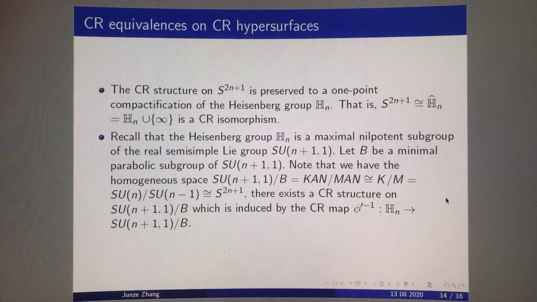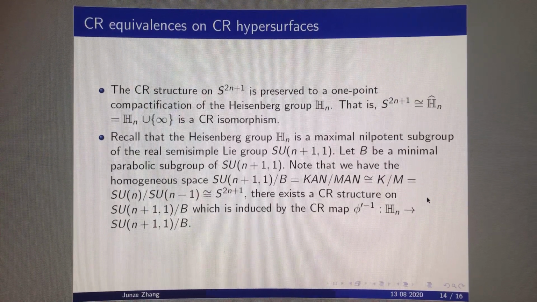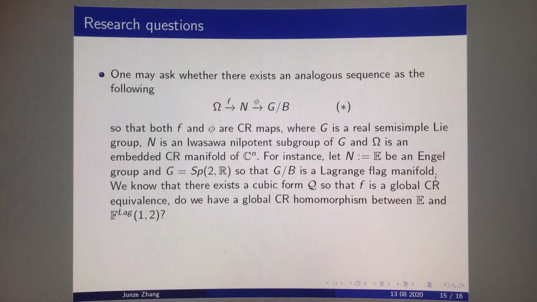Then we can define a CR map from the Heisenberg group to the homogeneous space J mod B, so that the CR structure of the Heisenberg group is preserved in J mod B. By those two observations, we can conclude our research questions.